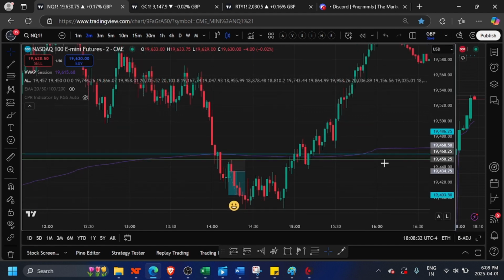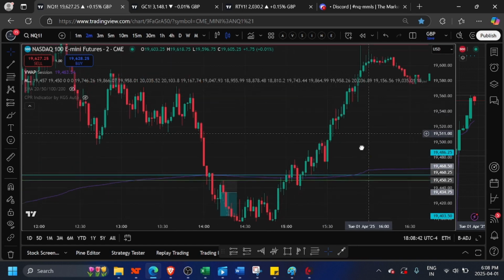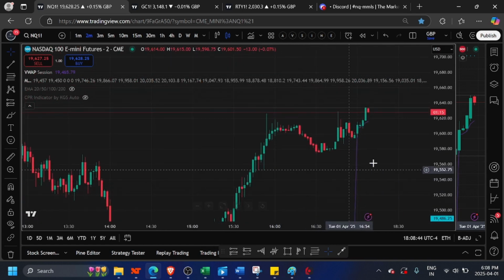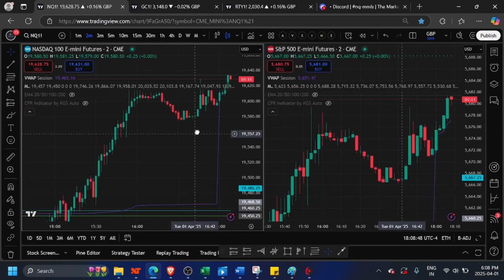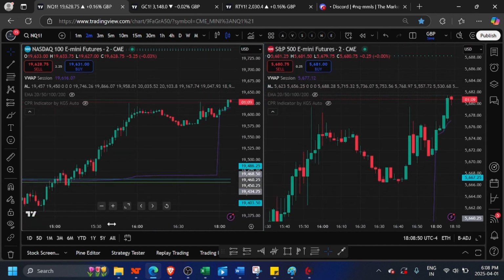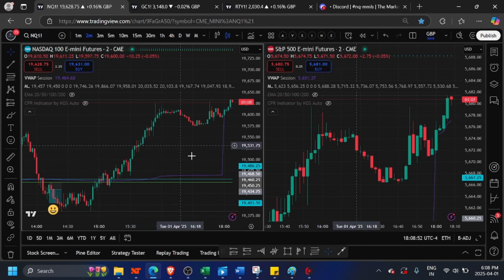There was one more opportunity which I did not take. I don't generally like to trade after 3 p.m., but it was a good opportunity to do another break and retest of this level. These levels are presented to you right now. After creating this video, I will be doing the levels for tomorrow and adding them on the chart as well.